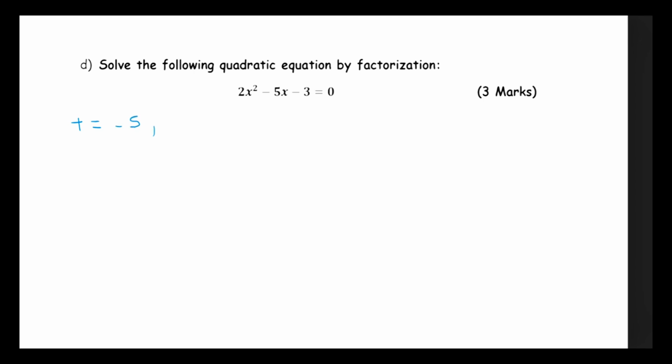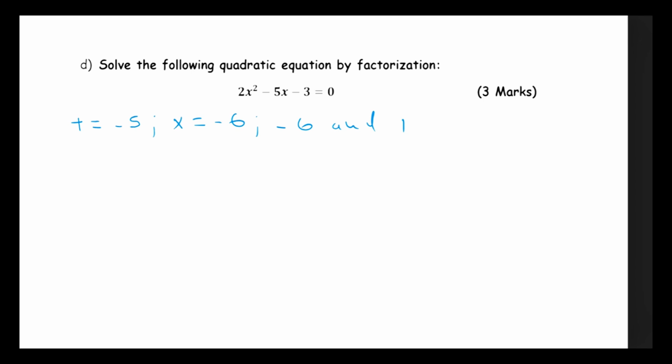The product of these two numbers should be the same as 2 times -3, that is -6. So you'll find that these two numbers are -6 and +1. You multiply these two, you get -6. You add them, you get -5.